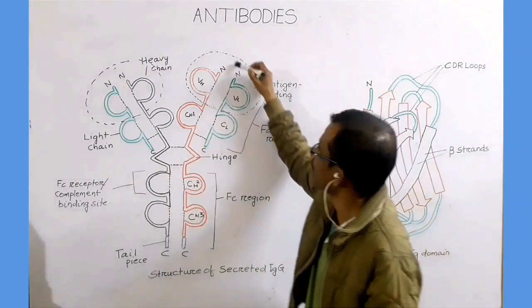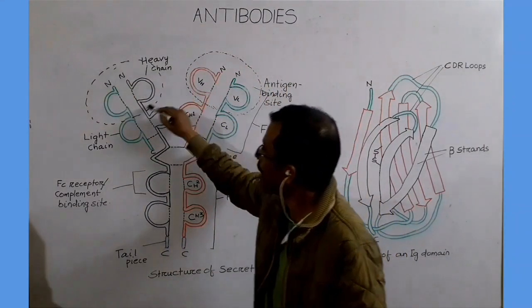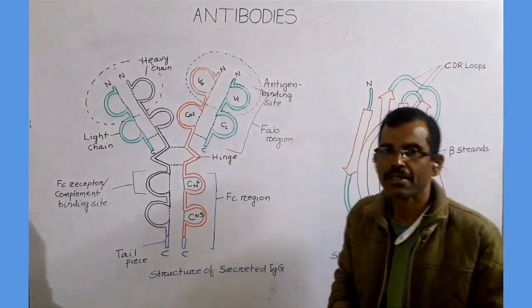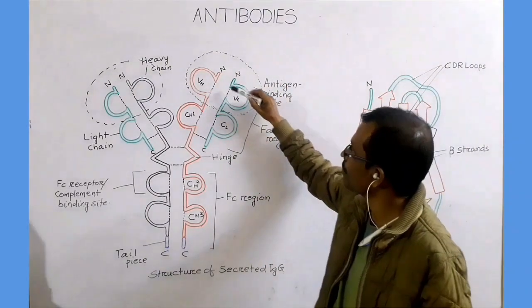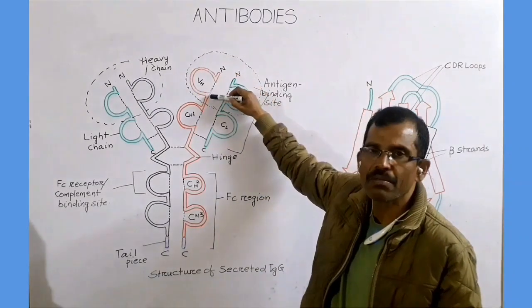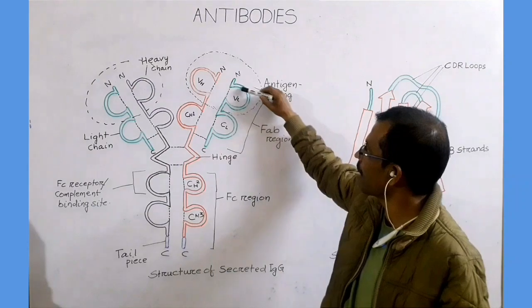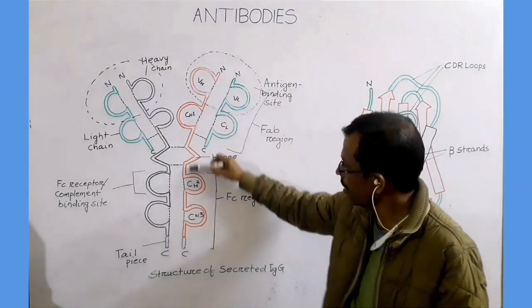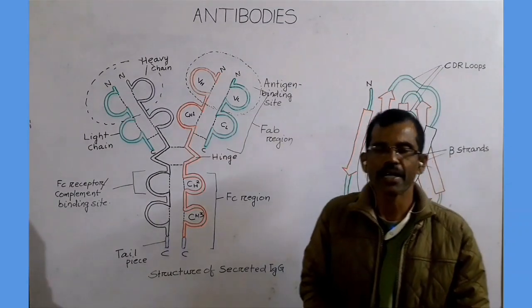In this figure, this is an antigen binding site and that is another antigen binding site. Each antigen binding site is composed of a variable region of the heavy chain and the adjoining variable region of the light chain. The constant region domains are separate from the antigen binding sites.